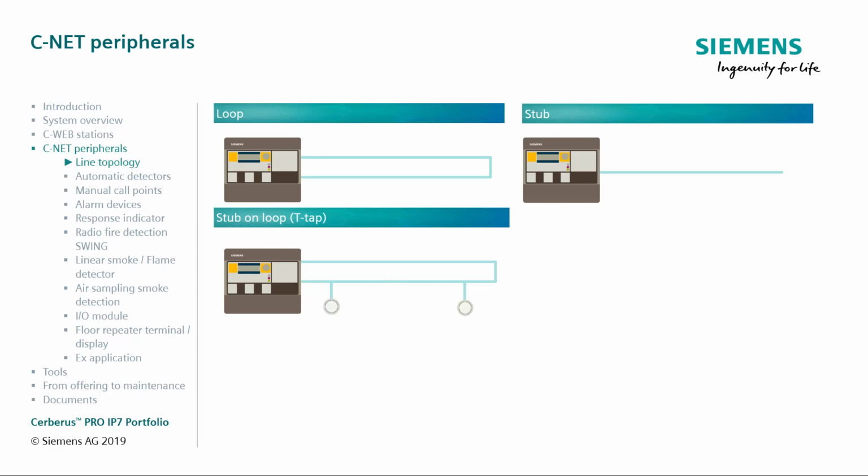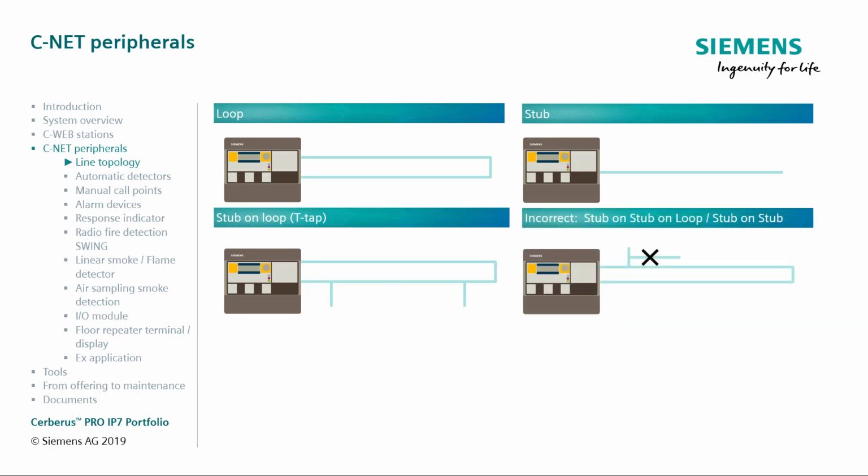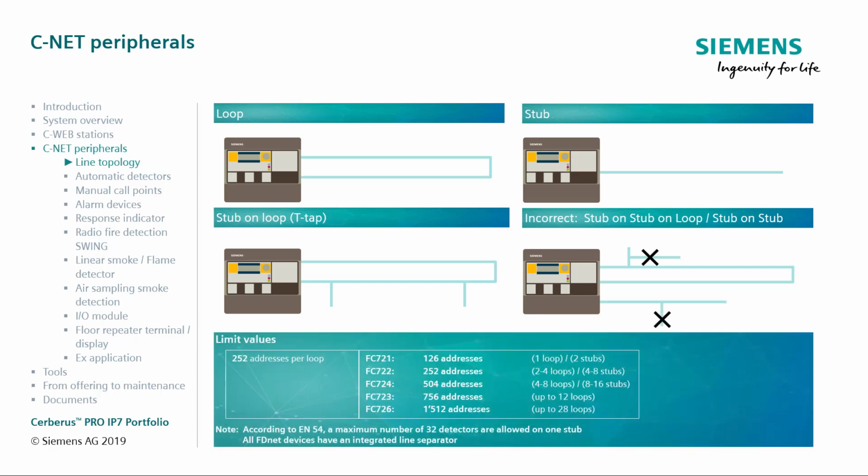If several T-taps are next to one another, make sure you have a device or a line separator between each T-tap. The following line configurations are not supported in the control panels: stub on a loop, and stub on stub. More details about the limitations on loops can be found in the table.